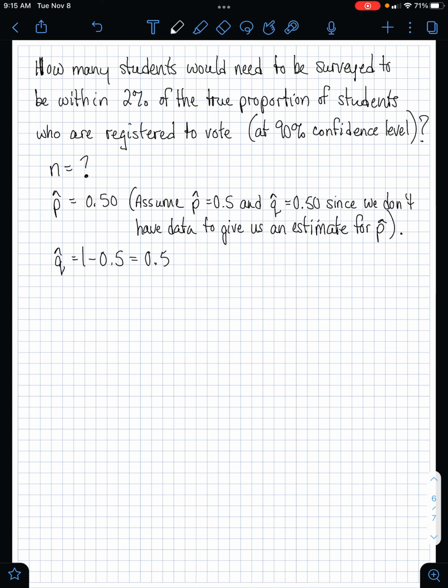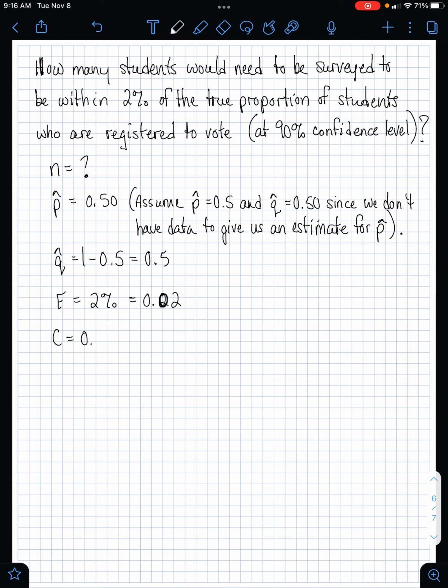And the only other two things we need to make this formula go are the error margin, which we're given. We're told we want to be within 2%, 0.02, of the true proportion. And the other thing we need is the critical value. The critical value is a result of the confidence level.